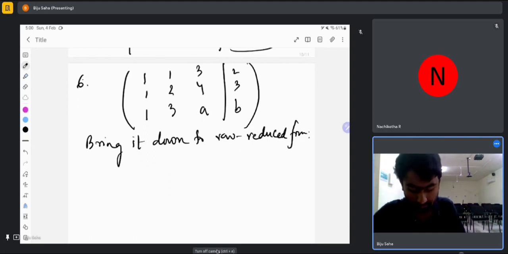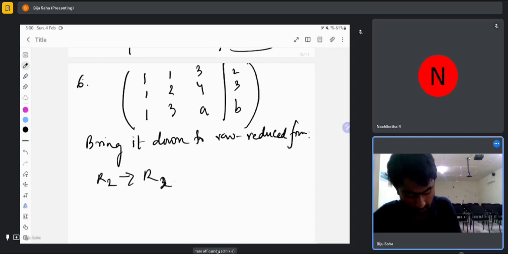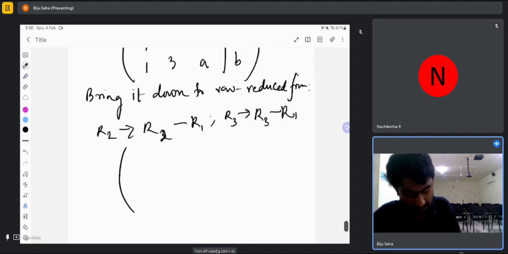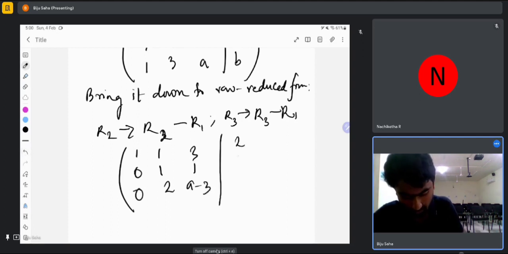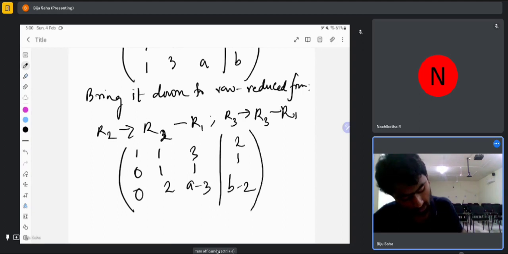With these row operations easily, these two elements will become 0, and we have the other rows as they are.